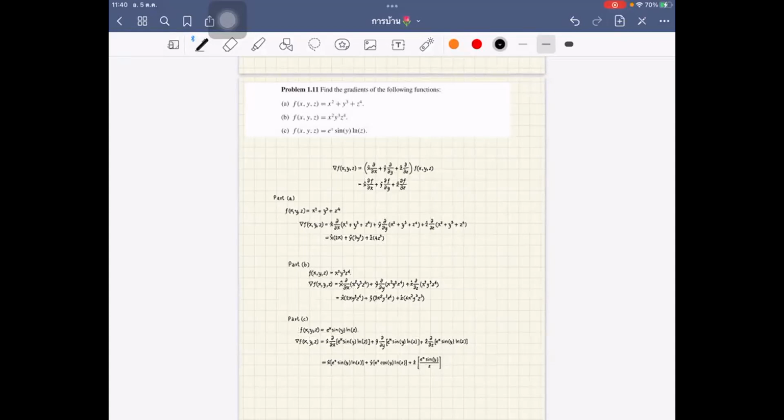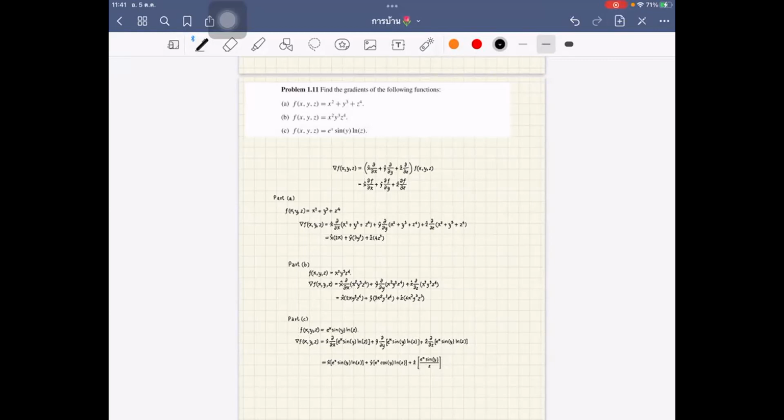For part A, for the derivative that we get, you can see that for the derivative of the function x square plus y power 3 and z power 4, we can use the simple derivative.